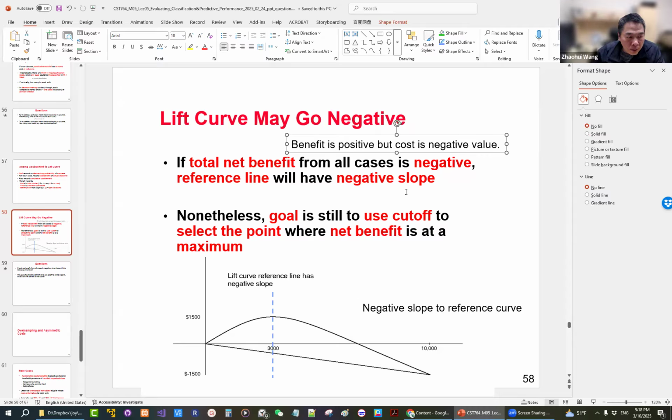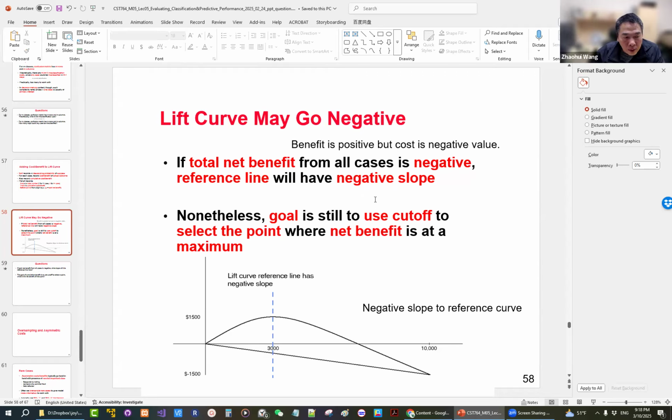So the total net benefit may be negative. The negative will be the endpoint, so it has a negative slope.